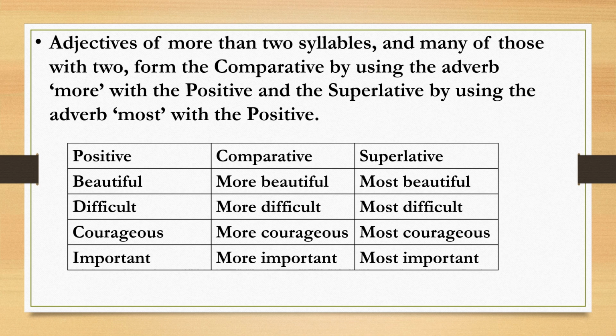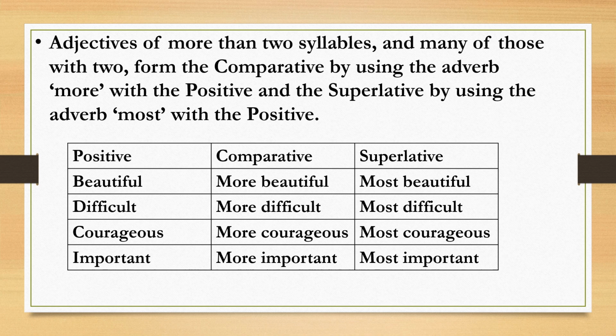This word is of three syllables. Therefore, in the comparative degree, we add the word more and make it more beautiful. And in the superlative degree, we use the word most before the word beautiful, which becomes most beautiful.